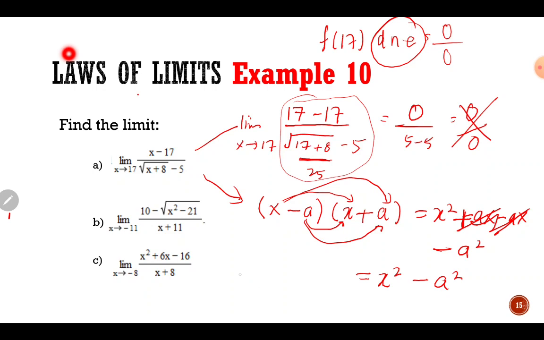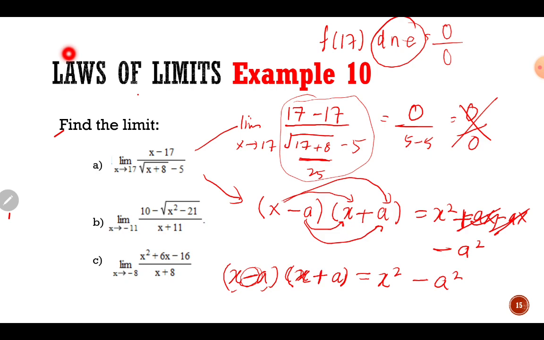So dipendekkan cerita, in conclusion, maknanya a function x minus a multiply what we call its conjugate. Apa maksud its conjugate ni? Maknanya constant and variable for the function is the same, which is we have x and a as well. But dia menjadi conjugate because the sign will be opposite. Kalau kat sini minus, so here will be plus.